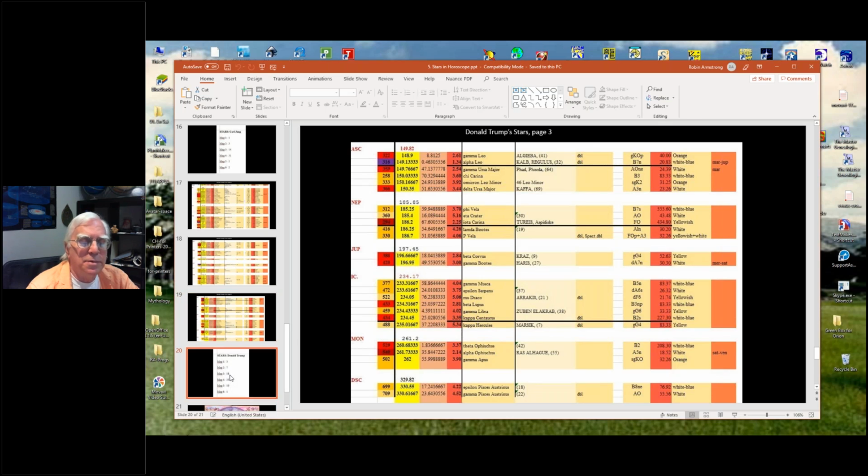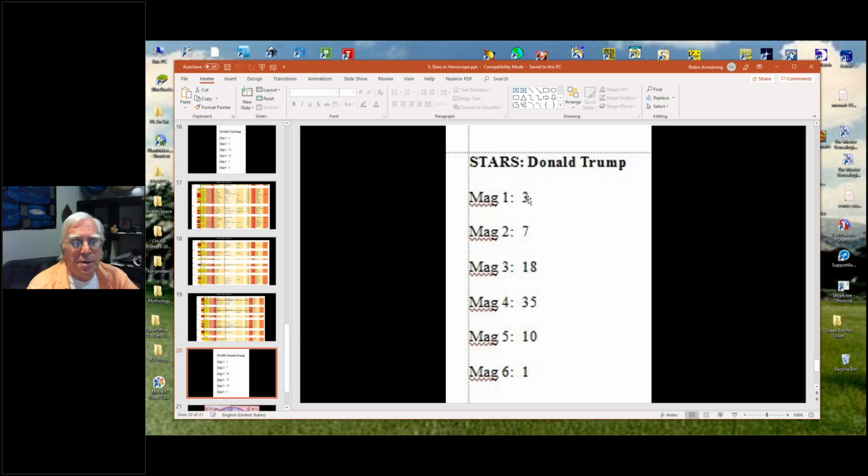When we total Donald Trump's up, he has 3 first magnitude stars and 7 second, 18 third, 35. So he has some noticeable stars, but not huge. It's a puzzle. You have to think and wonder about these things, because how come only 3? How come Jung is only 1? But Freud had 3, I believe.